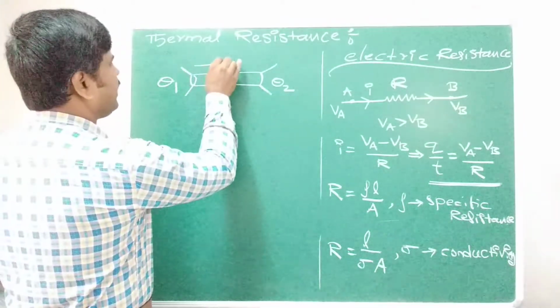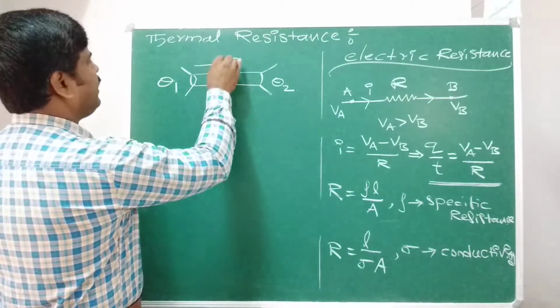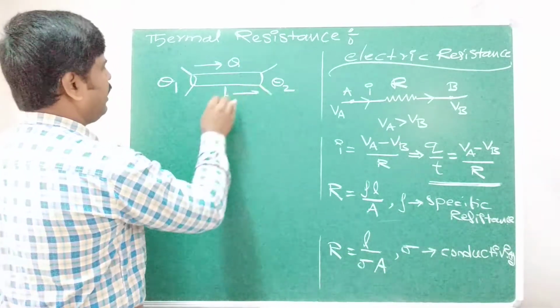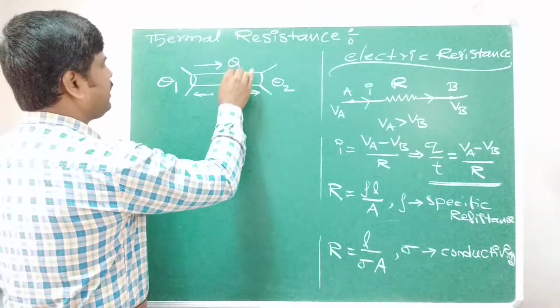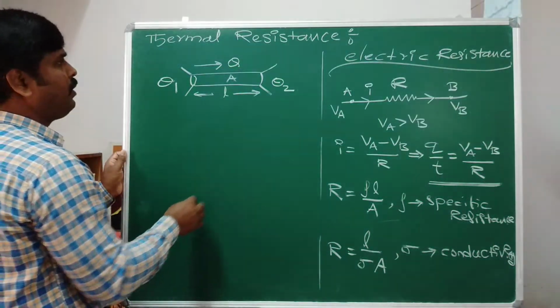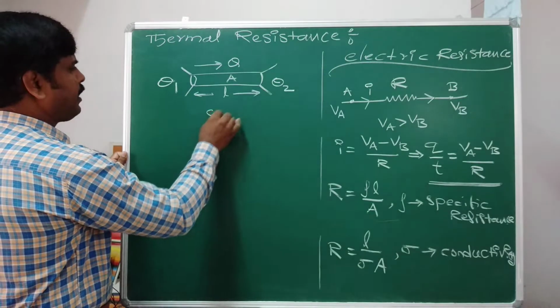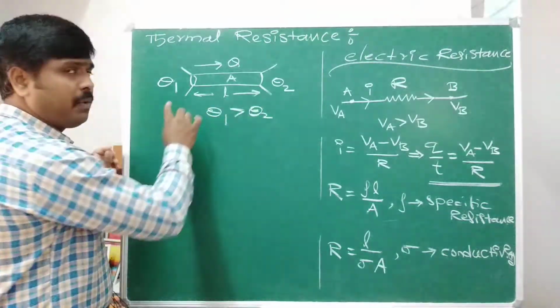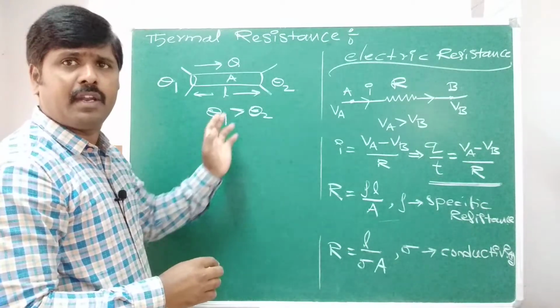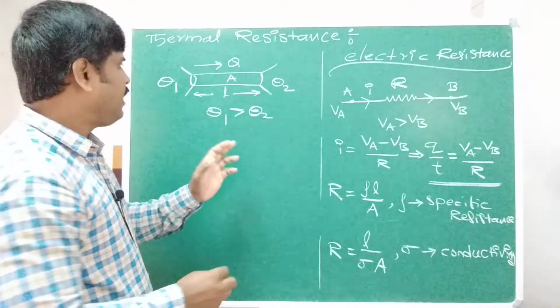Heat flow is Q, L is the length, and A is the area of the conducting substance. The condition is theta 1 greater than theta 2. Heat flows from the higher temperature area to the lower temperature area.